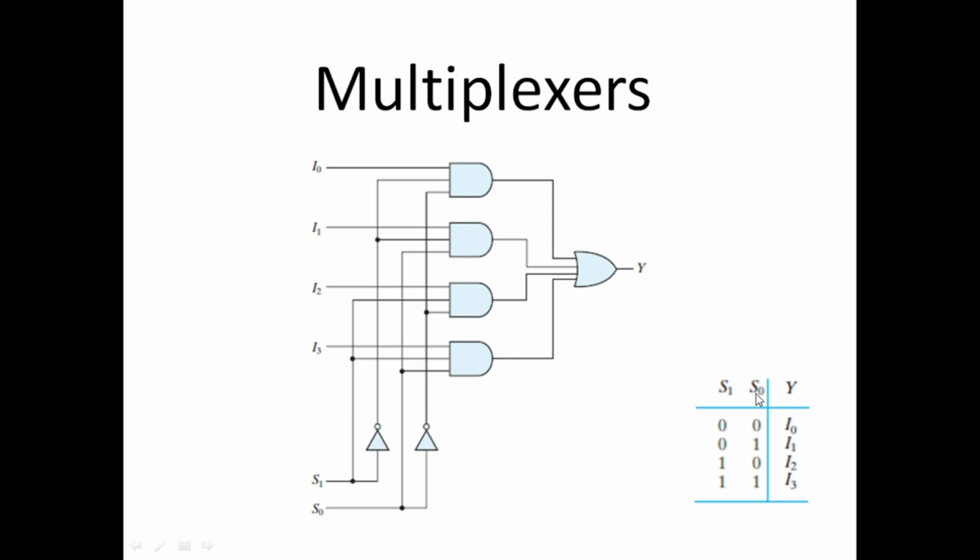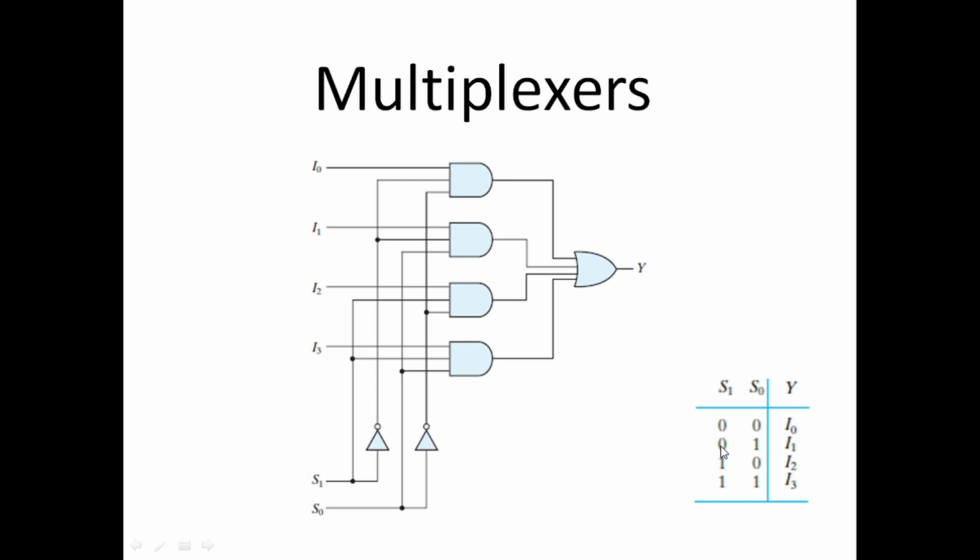Depending on the value of the select lines, we get the output at Y. If the select lines value is 0, 0, then only I0 is connected with Y. Whatever the value of I0 is, we get that at Y output. So Y is equal to I0, which means Y is logically connected with I0.